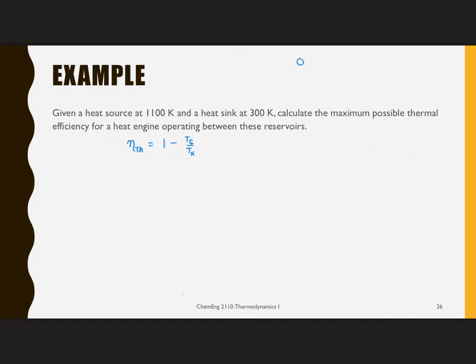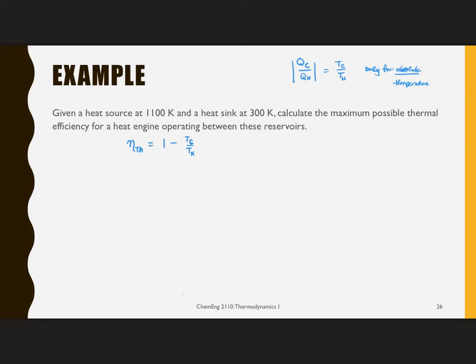Now, it is important that when you look at these ratios as being equal to the heat transfer ratio, this is only for absolute temperature. We also sometimes call it thermodynamic temperature because this only works if temperature absolutely must be positive.